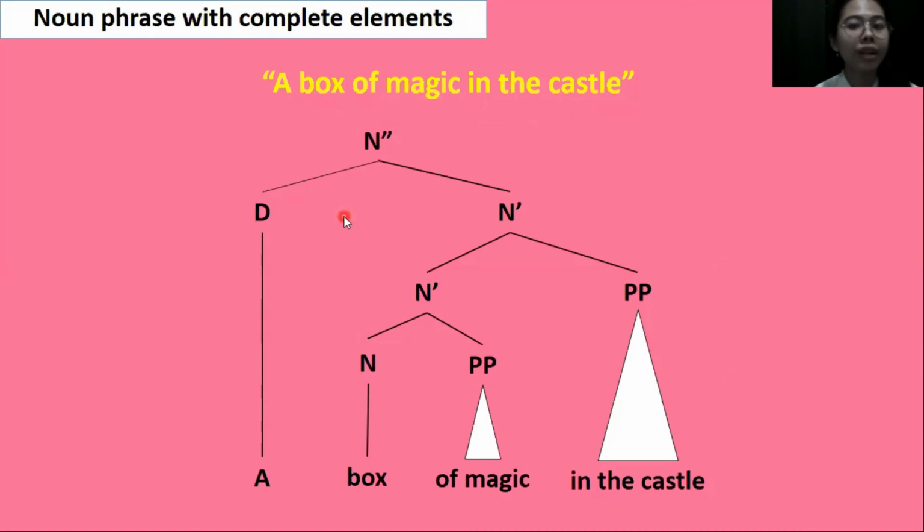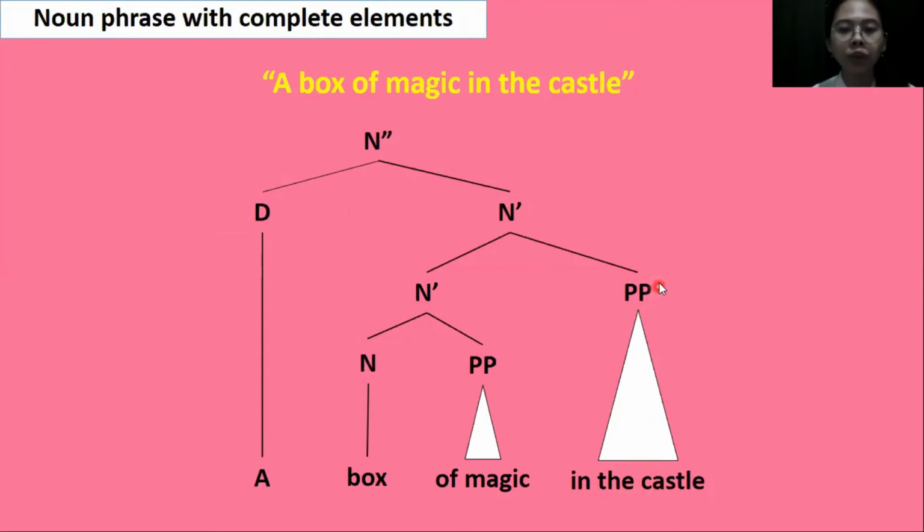If we remember the rules of all those elements, like determiner, adjunct, and also the complement, we can see that the determiner always expands N-bar into N-double-bar. Meanwhile, for the adjunct rule, "in the castle" is the adjunct, which is a prepositional phrase.